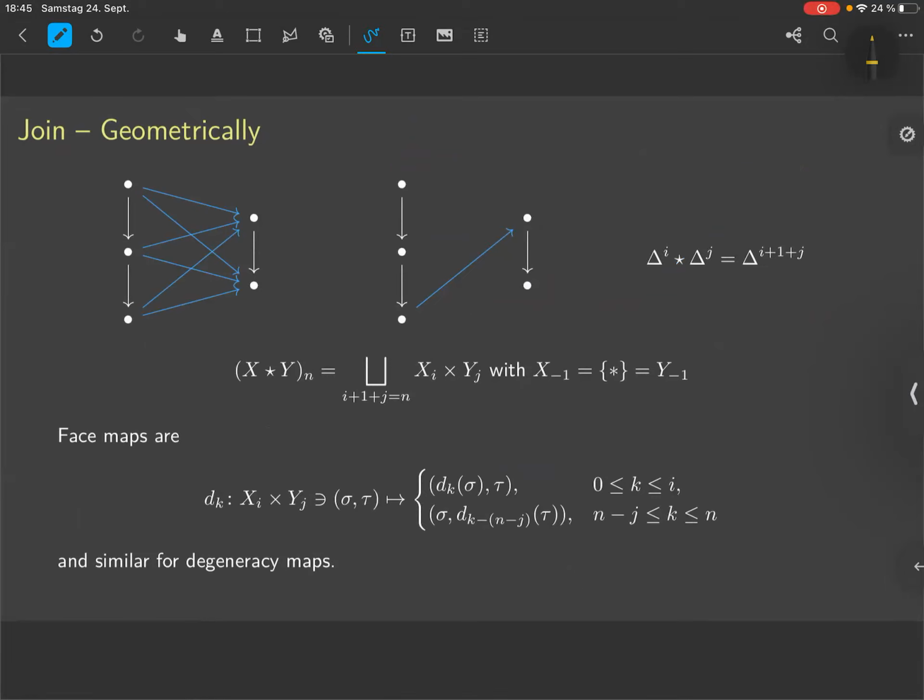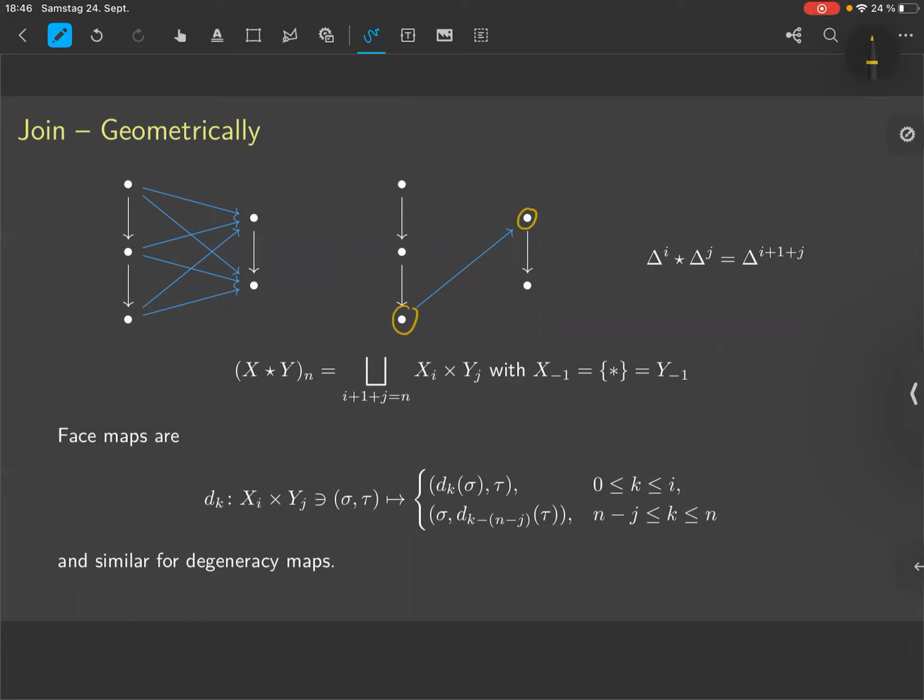So when we have two things like this part and this part, then the join topologically, we think of it as appending all the arrows in between; all the possible paths in between are now also contained in the join of those two. But because any map, for example this one, is essentially the composition of these maps, it suffices to just draw the single edge from the last vertex of the first component to the first vertex of the next component.